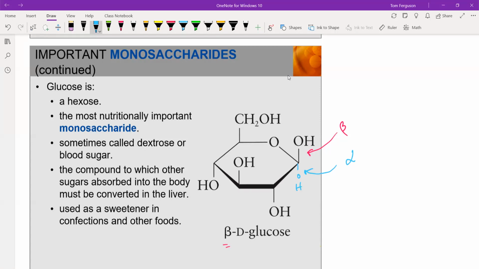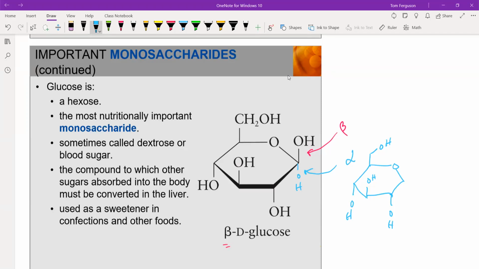Okay, the way I remember this is after you draw your six-sided cyclic ring, this carbon here goes down and then it alternates down, up, down.